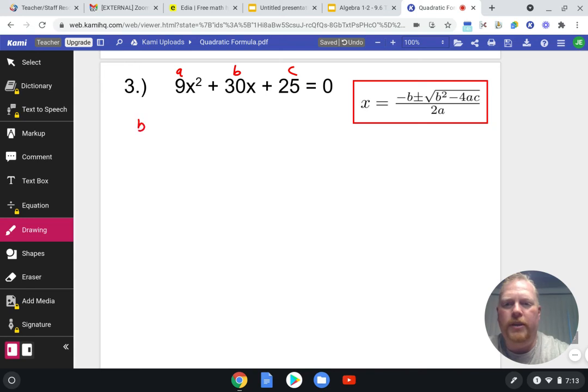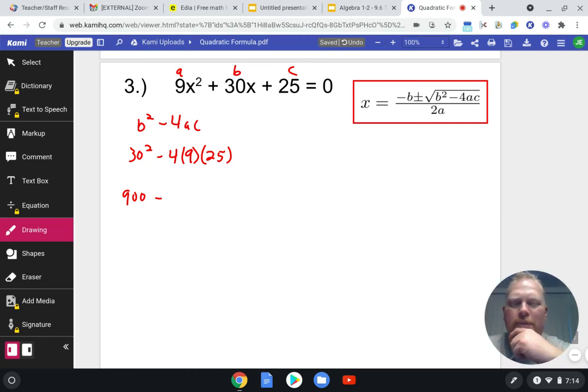So if I do B squared minus 4AC, I get 30 squared minus 4 times 9 times 25. 30 squared is 900. And then, let's see, let's be smart about how we multiply this. Negative 4 times 25 is negative 100.